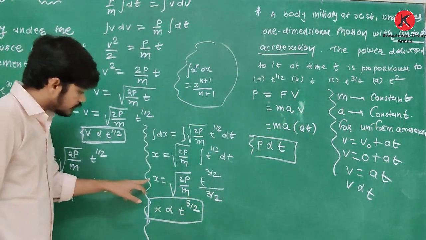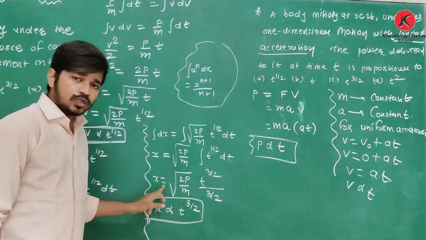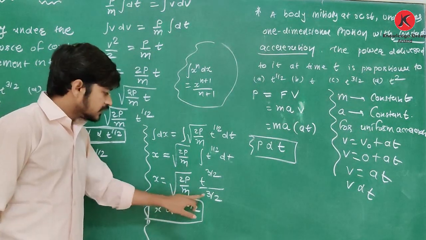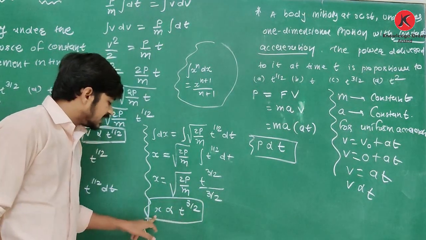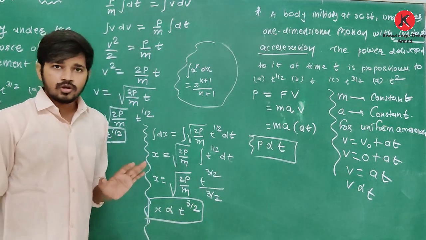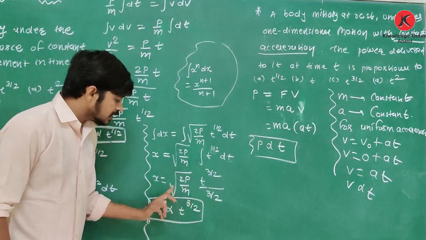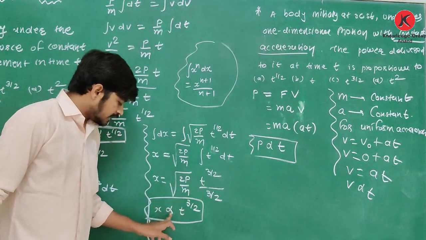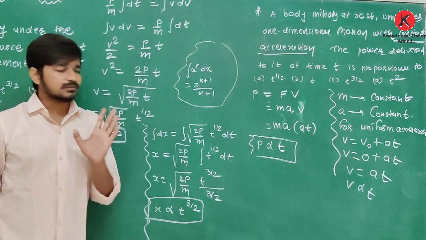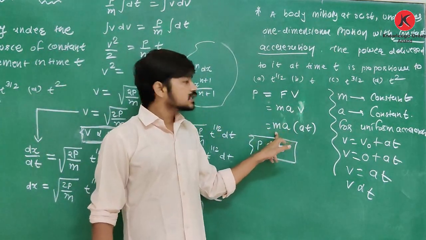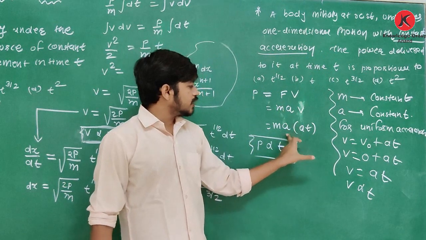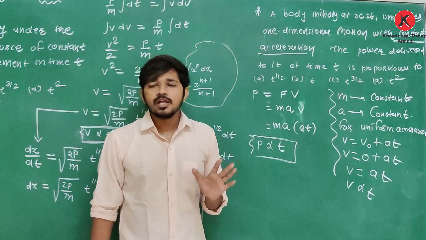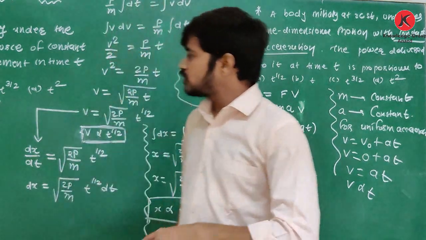In this equation also, x is equal to that whole term, but 2 is constant, P constant, m constant, 3 by 2 constant, then and only then you can write x is proportional to t raised to 3 by 2. If x depends on another variable, then you cannot write only that x is proportional to t raised to 3 by 2. Similarly, in this question, m is constant and acceleration is constant, so power P is proportional to t. Clear? So these are two questions which are based on relations.